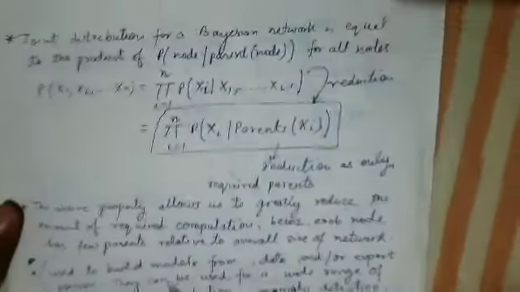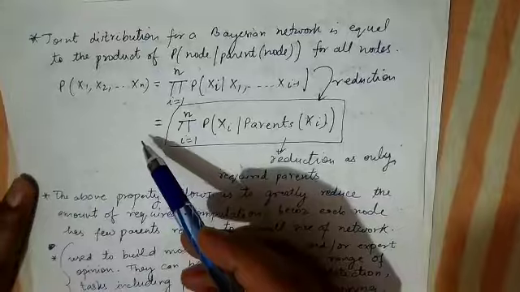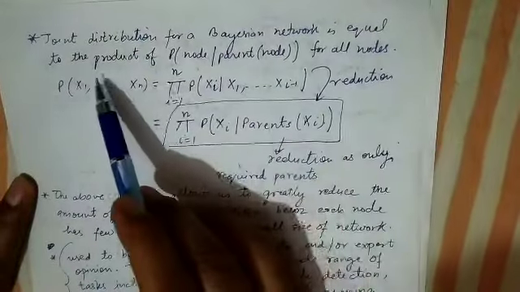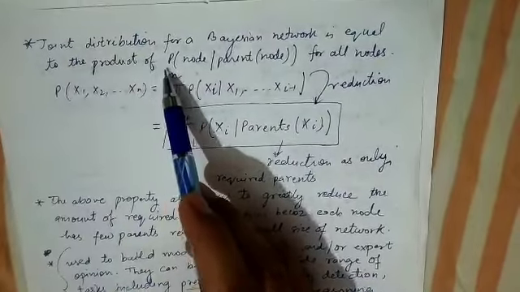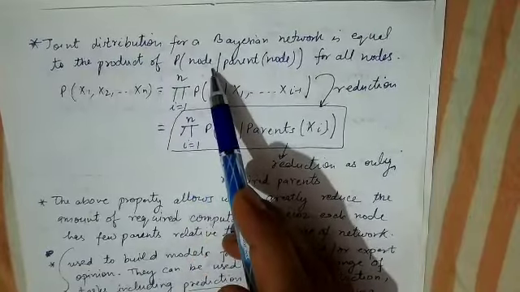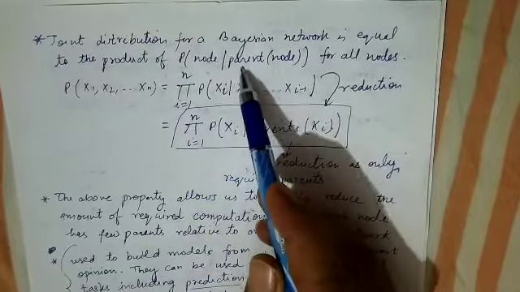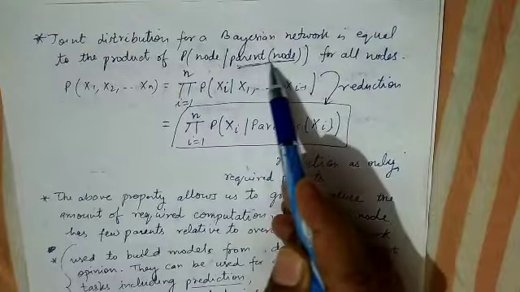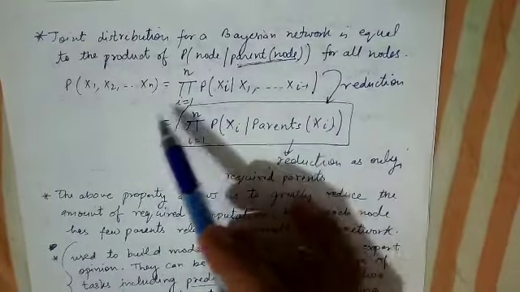Just see here how we find the joint probability distribution for the Bayesian network. This is equal to the product of P of a node given its parent nodes. So basically we are giving the conditions of the immediate parents for all the nodes.